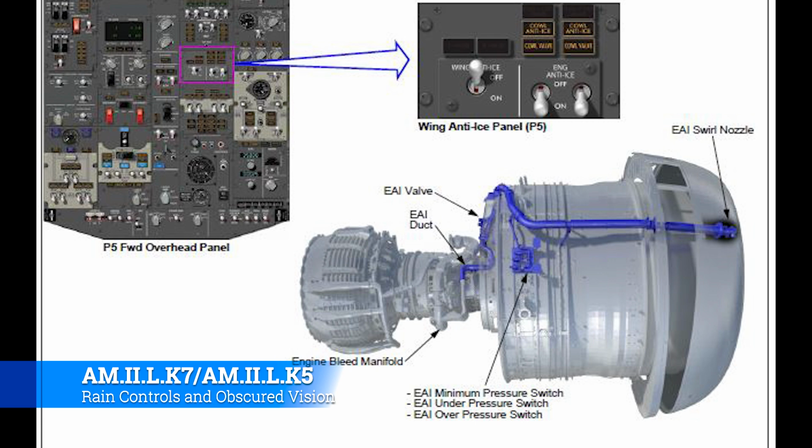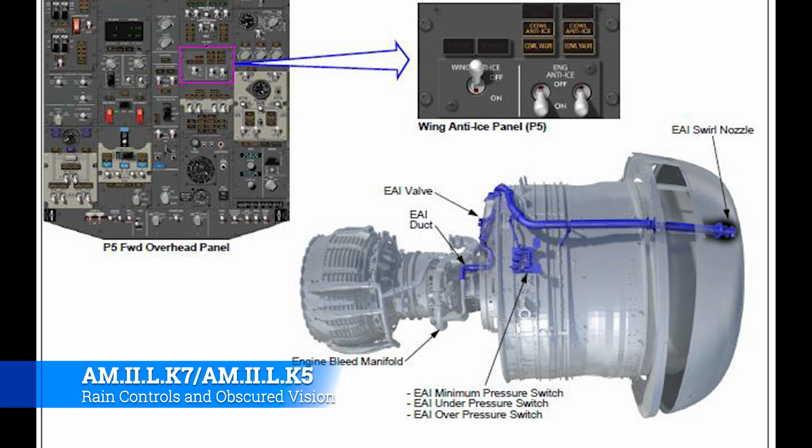All right, so this is the engine anti-ice system. It basically consists of the engine bleed manifold, which will be ducted up to a valve that's then controlled by a series of pressure switches, and then discharged out through the swirl nozzle in the front.